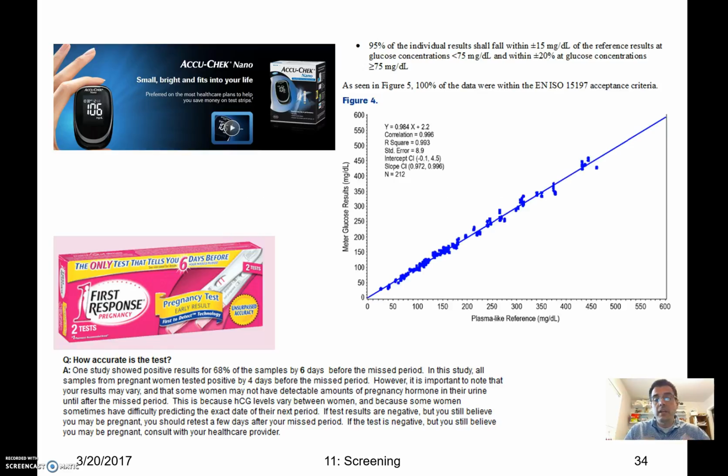For example, you can go and take a pregnancy test. You know that there is a level of validity, a level of accuracy within these tests, and they give you tight windows. You have to follow these tight windows in order to maintain accuracy.